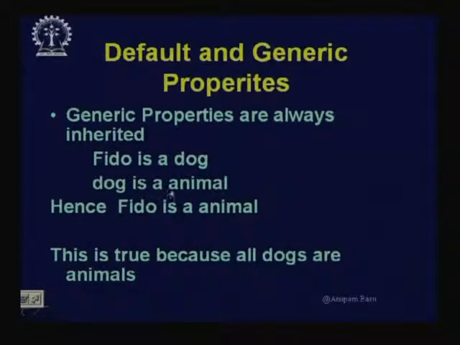In English, it should be dog is an animal. So, hence Fido is an animal. This is inherited. These properties are generic to the superclass, the original class, and whatever is there in the original class, if that property be generic, then that value will be inherited, and we do not change that.